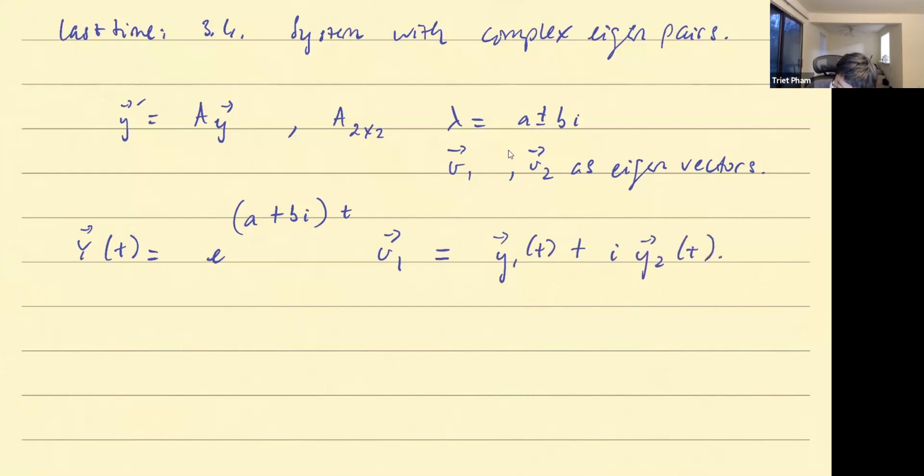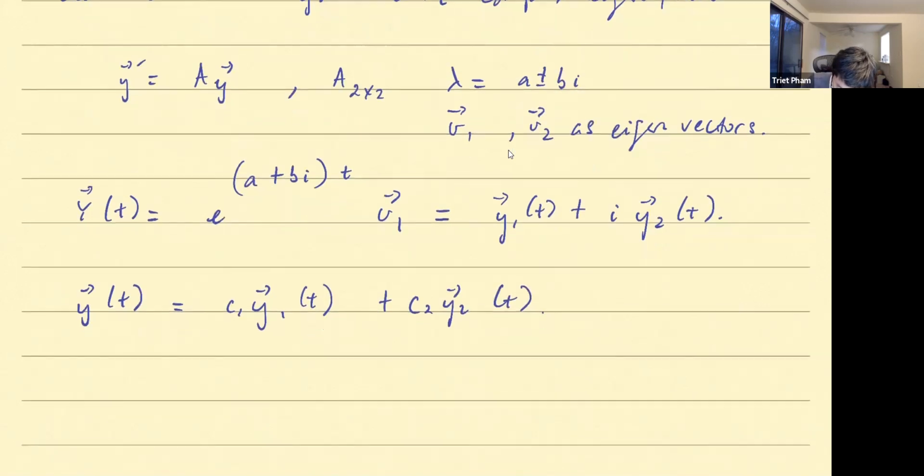Converting this, your solution will be c1 y1 plus c2 y2, as a real-valued solution.